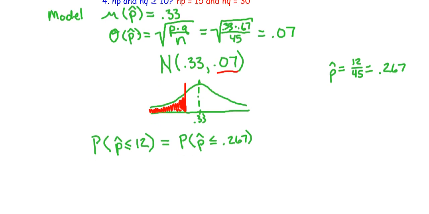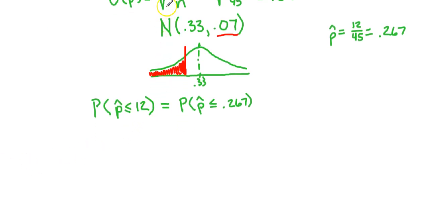So because we're using the normal model to estimate this, we can use those nice little functions here. What we're looking for is the area under the curve. So we want to do normal CDF. Our left endpoint is going to actually be 0 because we can't get a proportion that's less than 0.